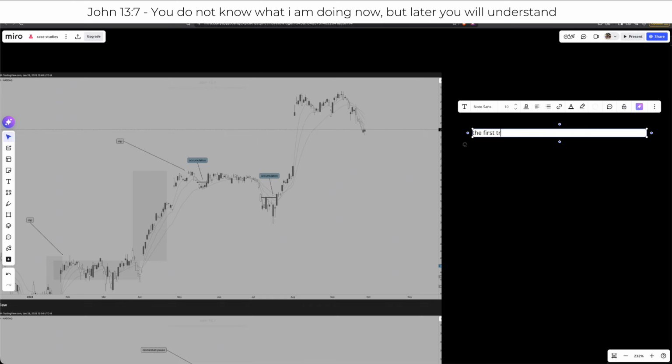the first trade didn't go anywhere. The second did.